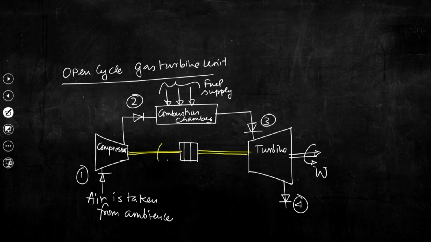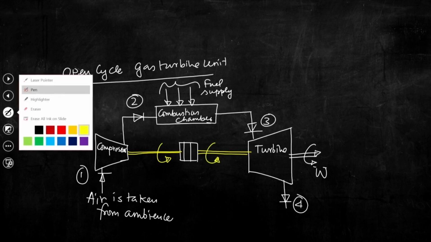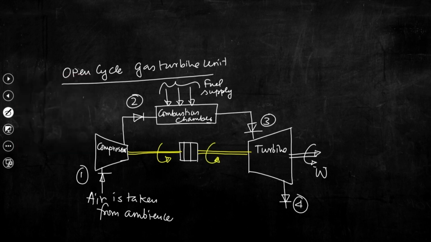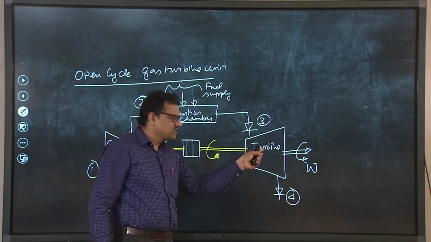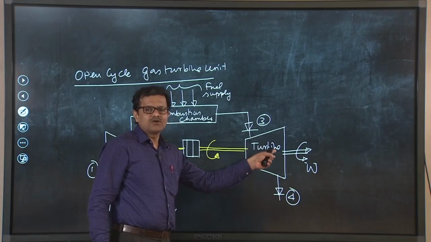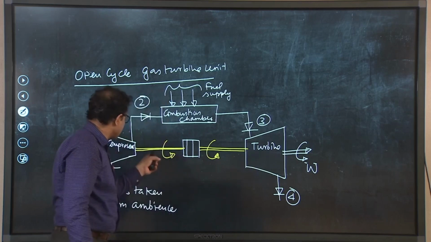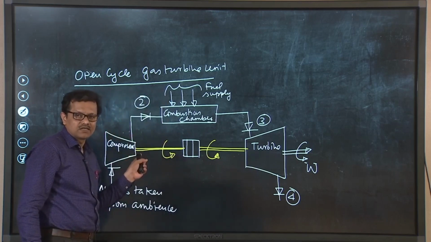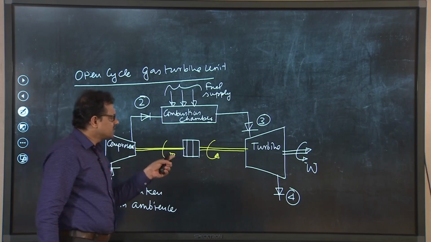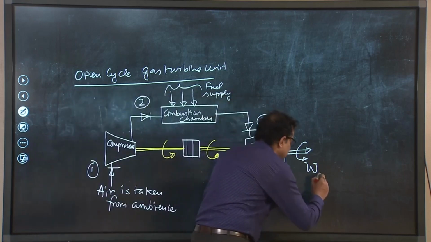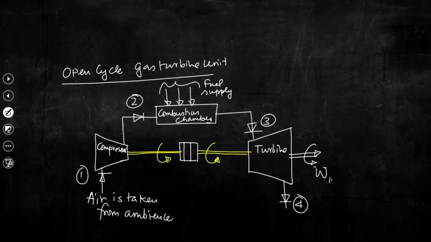So, basically, when the turbine is producing work, I should say a significant part of that output work would be absorbed by this compressor for its operation. Now, essentially the work that we will get from the turbine, that is W net, equal to W turbine minus W compressor.